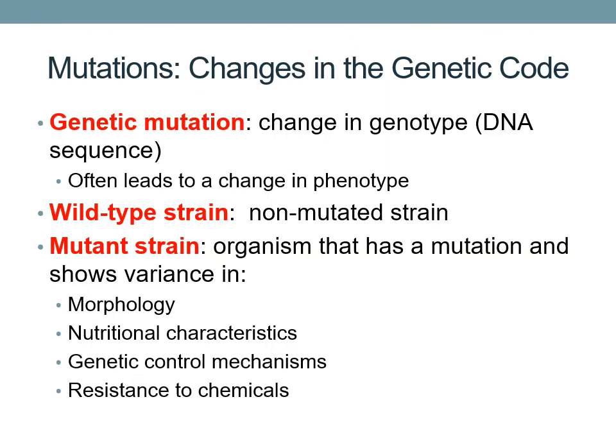Speaking of mutations, they can occur when there is a change in the DNA sequence, meaning a change in the genotype. This usually leads to a change in phenotype, which we can refer to like the cell or colony morphology, metabolism of the organism, or resistance to chemicals like antibiotics.